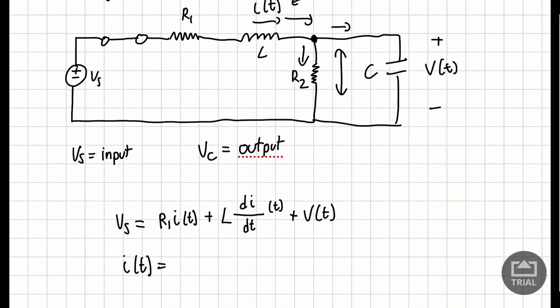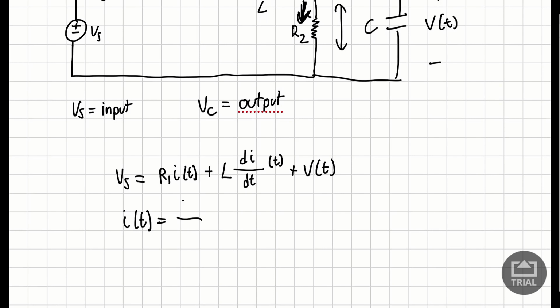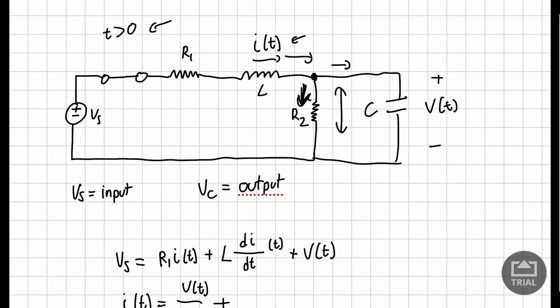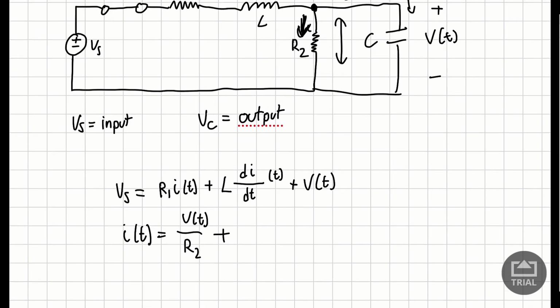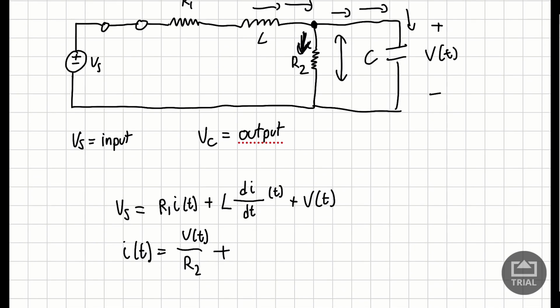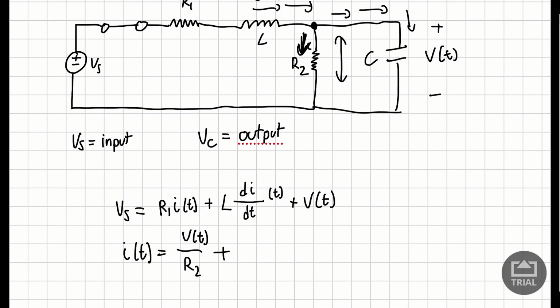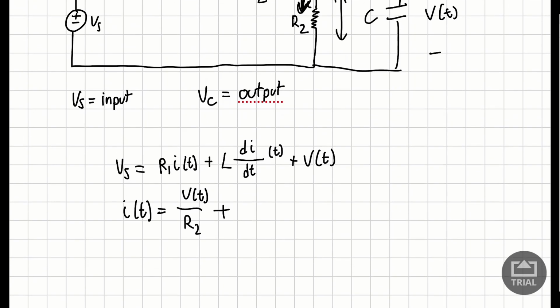And the voltage going down from here can be represented as V of t over resistor 2, plus the current flowing here. We can represent that in the same way as we did for the inductor to represent the voltage. We can do the same thing for the current going through this capacitor, and that can be represented as C dV over dt.